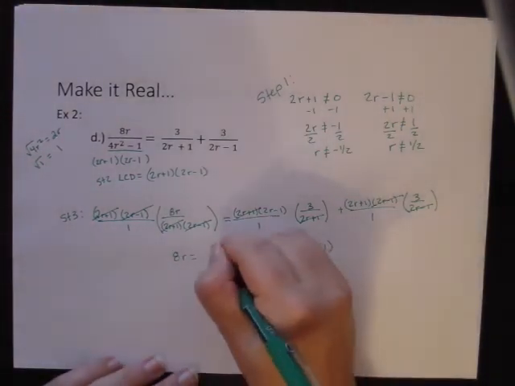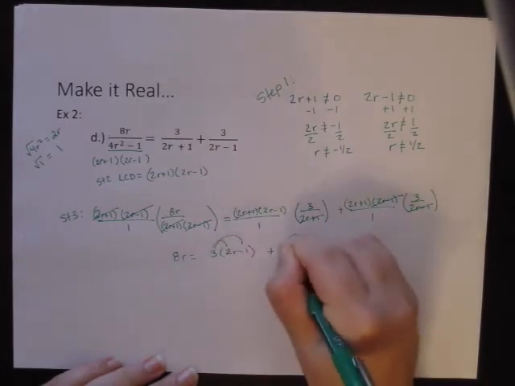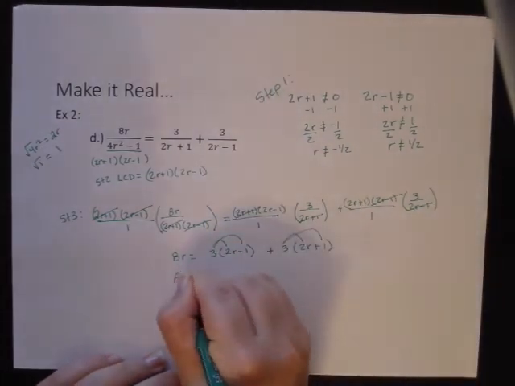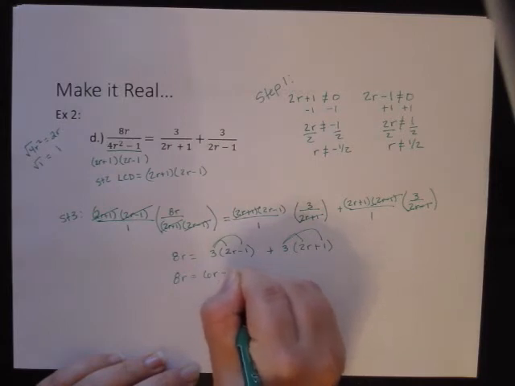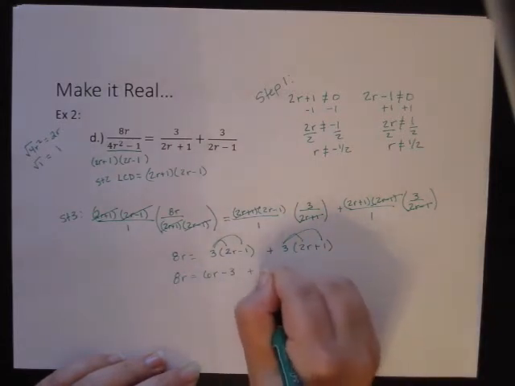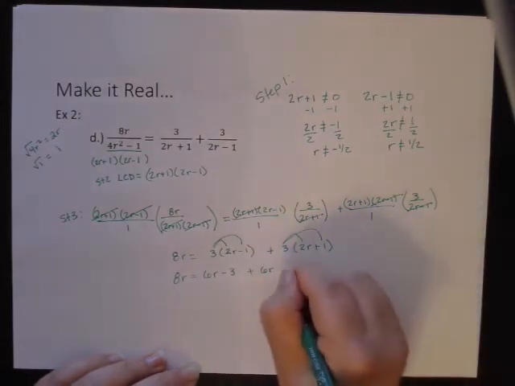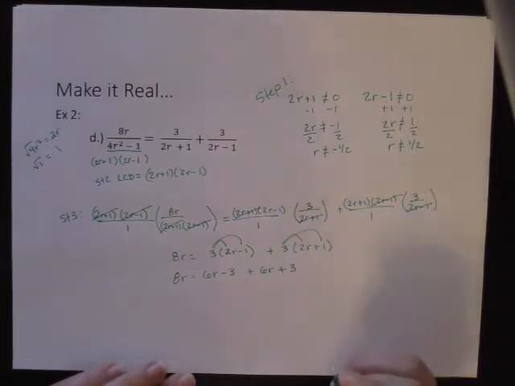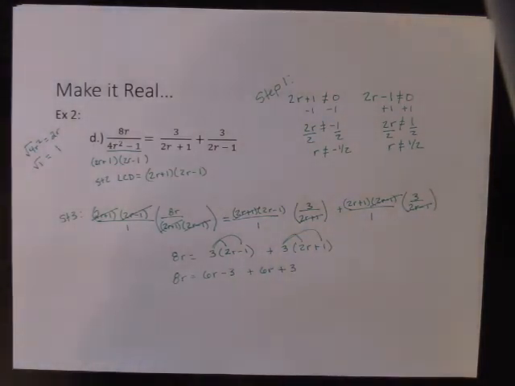So I'm going to distribute the 3 to both parts. So I've got 8r equals 6r minus 3 plus 6r plus 3. Alright, I'm almost there.